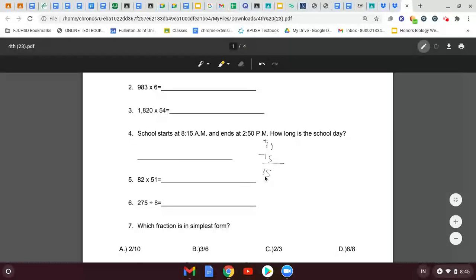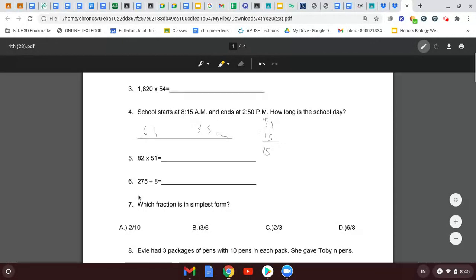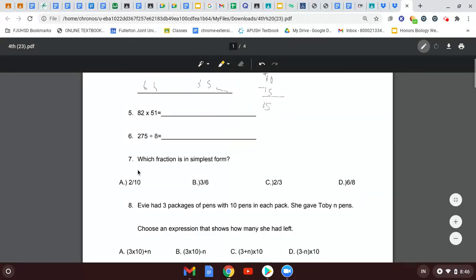Okay. So there's 35 minutes and 8 plus 4, if you count the clock, that'll be 4 plus 2, which is 6. So it'll be 6 hours and 35 minutes. Okay. This is once again just simple multiplication, simple division.